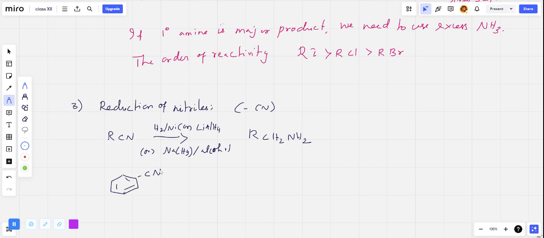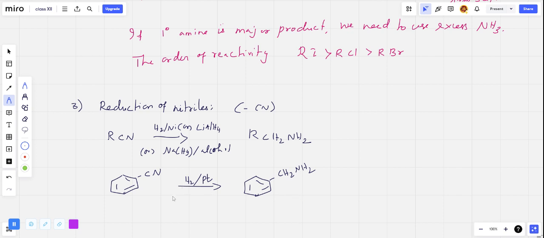That is the CN with hydrogen and platinum or palladium or nickel. Okay. So addition of hydrogen is the reduction, no? It will add two hydrogens to the carbon and two to nitrogen. We will get a primary amine. Okay. So this is reduction of nitriles.